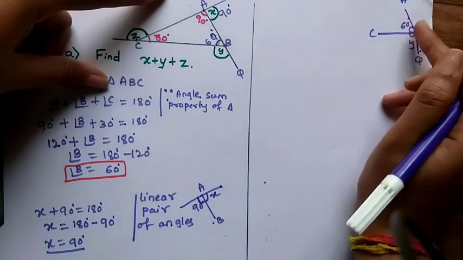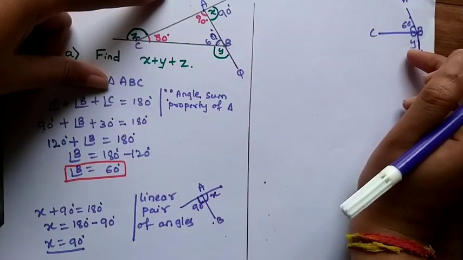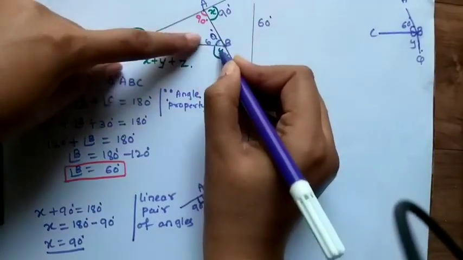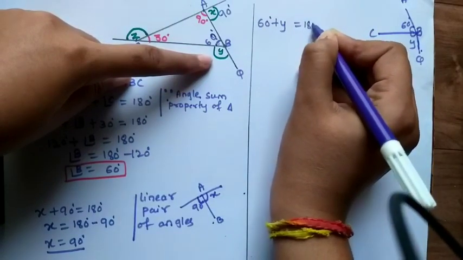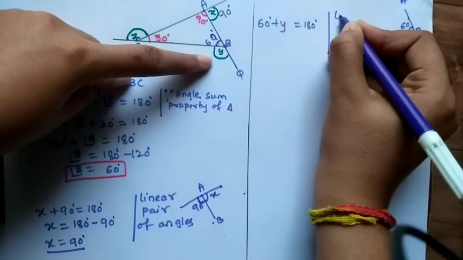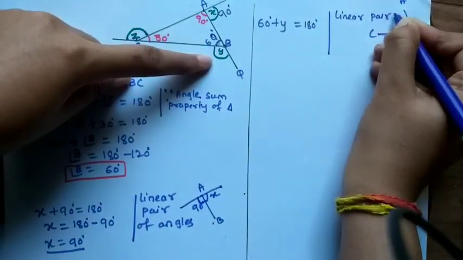So 60 degrees and Y are adjacent angles whose sum is 180 degrees. So 60 degrees plus angle Y is equal to 180 degrees, because this is the condition of linear pair of angles.